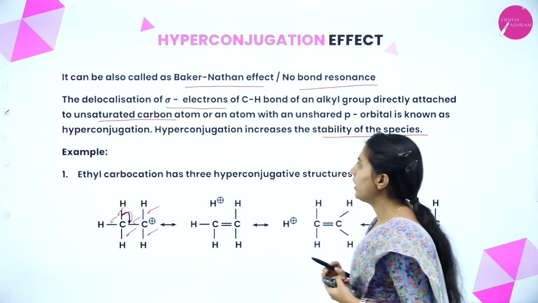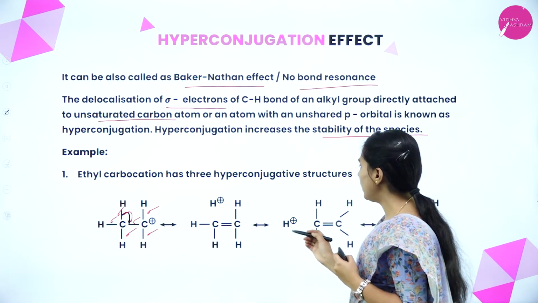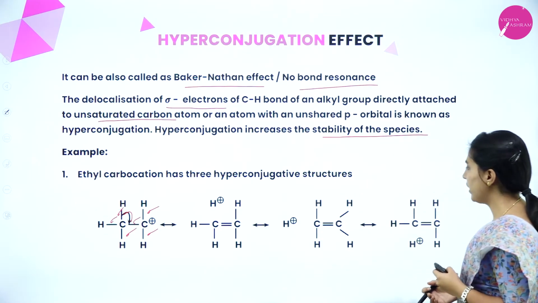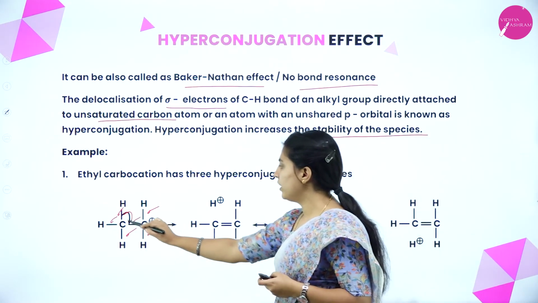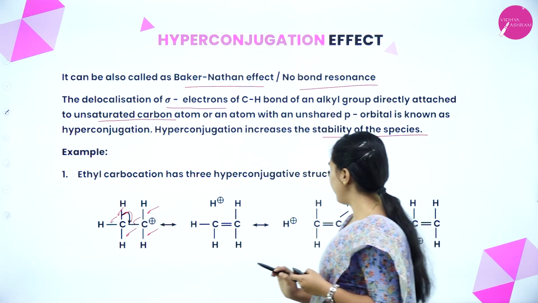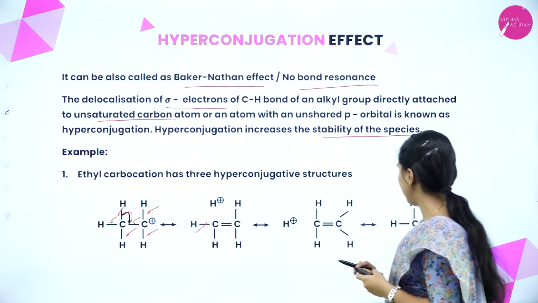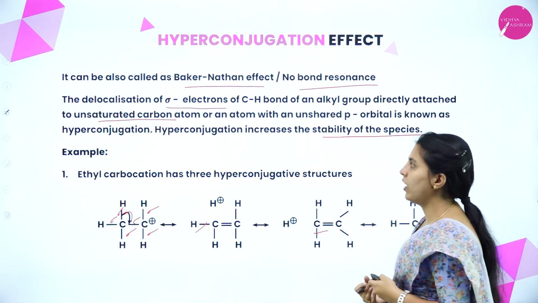That will be called hyperconjugation. All are first a saturated system moving towards the unsaturated system, and it has 3 hyperconjugative structures. If one hydrogen is moving out, then another, and another. So 3 ways are present.